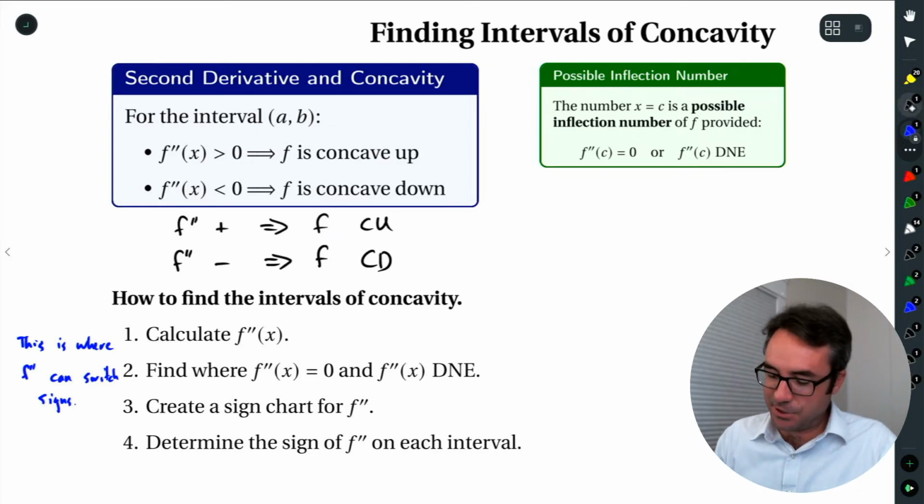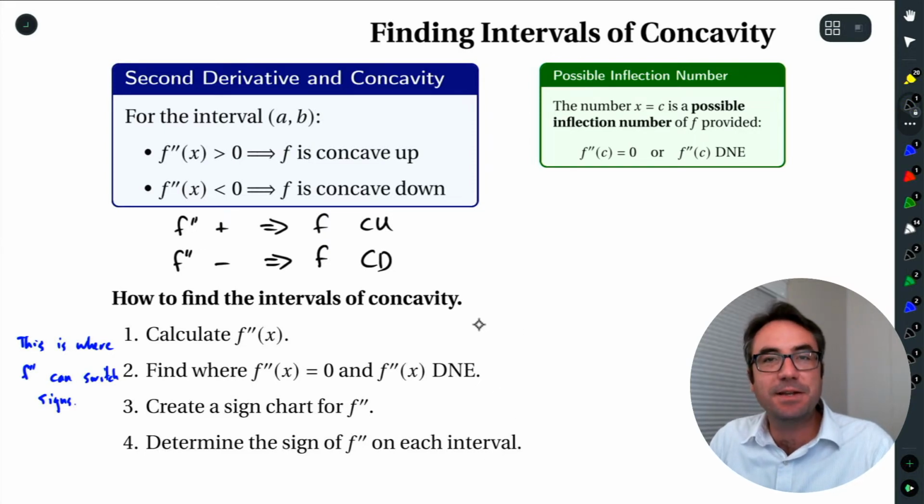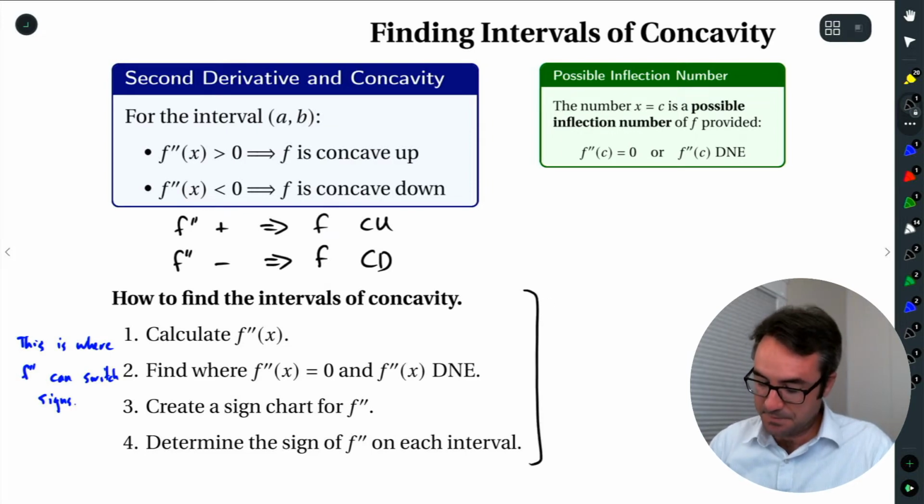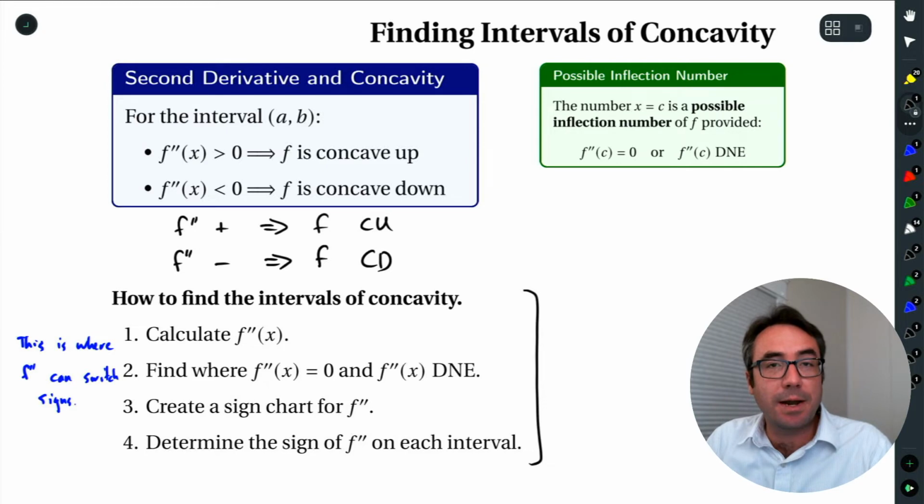As you look over this process, finding the intervals of concavity is going to feel very similar to finding intervals of increase-decrease. What did we use for those? We used f prime.